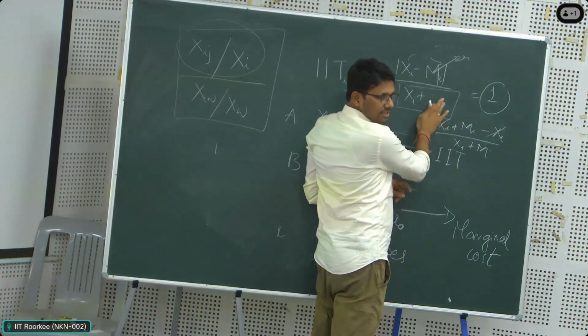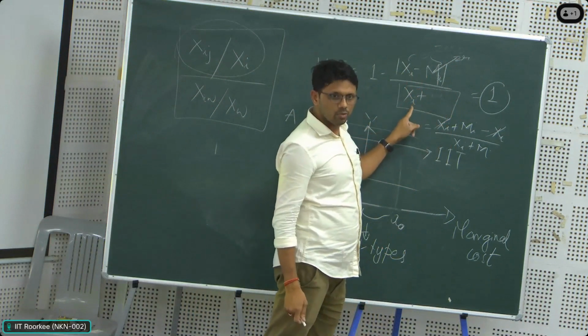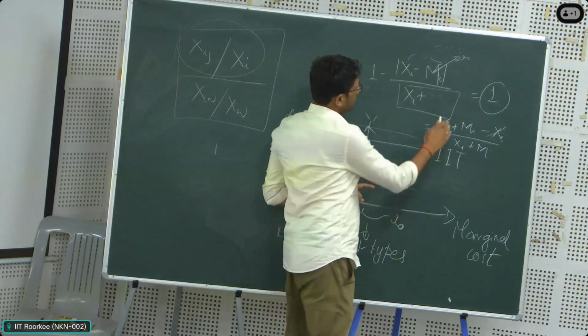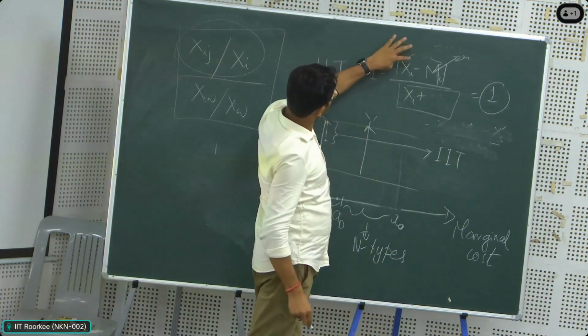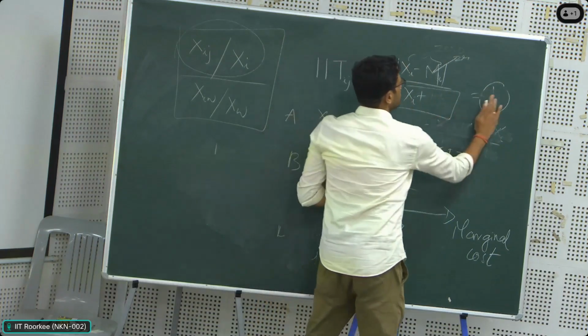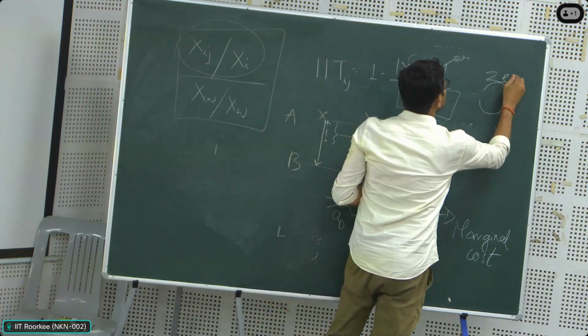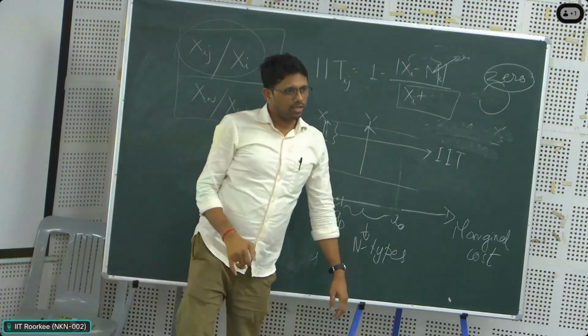Yes, we didn't check that. So X divided by X is equal to 1. Alright, so this divided by this is equal to 1. 1 minus 1 equal to 0. Okay, just the reverse of what I said. That is why there was some trouble.